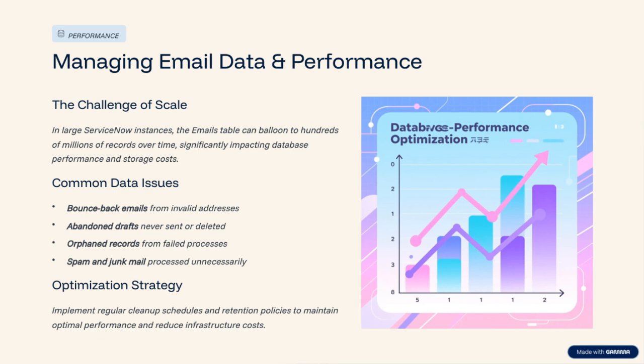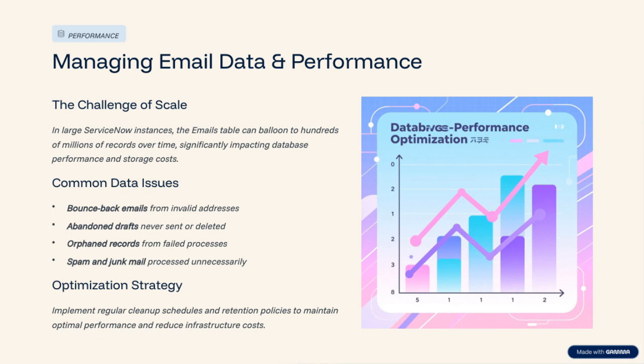This includes spam and junk mail that gets processed but doesn't serve a purpose, as well as orphaned records that result from failed processes. These leftover records can clutter our database and slow things down. We also need to address abandoned drafts that were never sent or deleted, and bounce back emails from invalid addresses. Left untreated, these can pile up and create significant data management challenges.